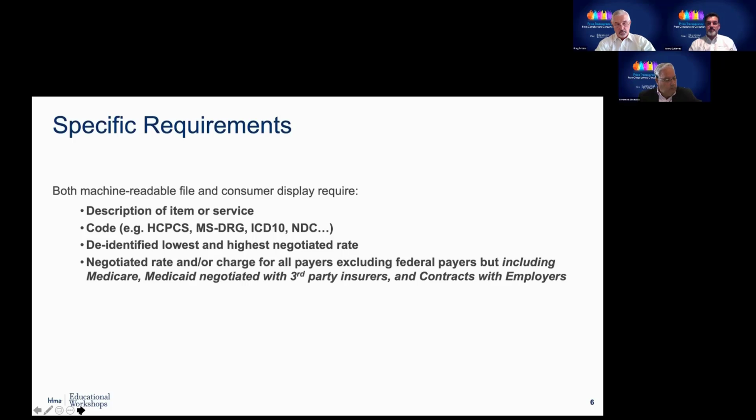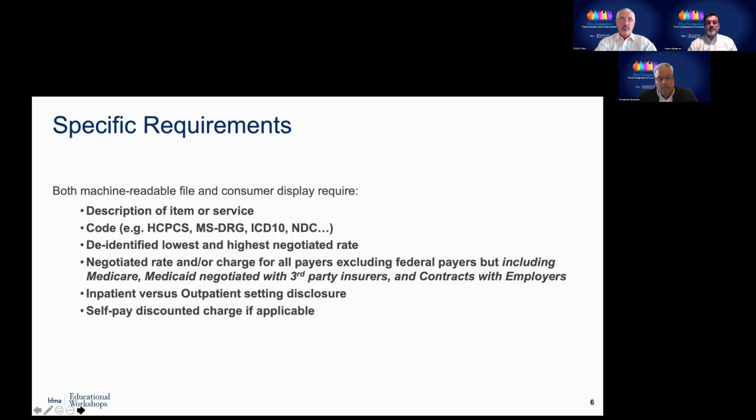The negotiated rate and/or charge for all payers, excluding federal payers, but including Medicare and Medicaid plans negotiated with third-party insurers, and also direct contracts with employers. Inpatient versus outpatient setting must also be disclosed. And if the provider has a self-pay discounted charge, that also needs to be provided.